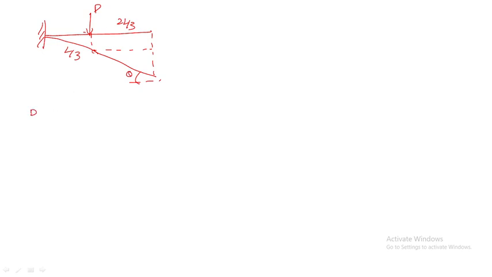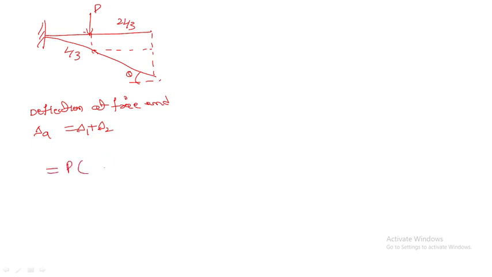Deflection at free end, delta A, is equal to delta 1 plus delta 2. What is delta 1 now?